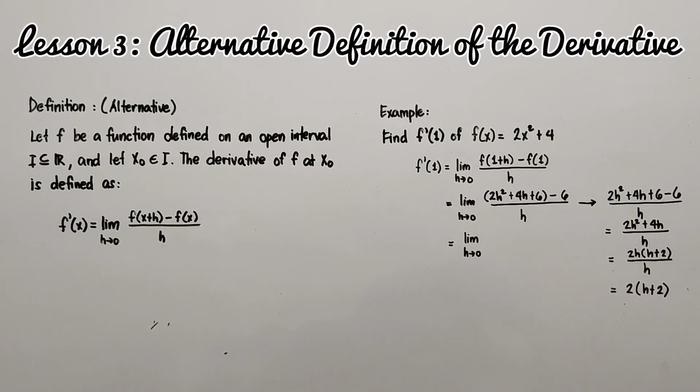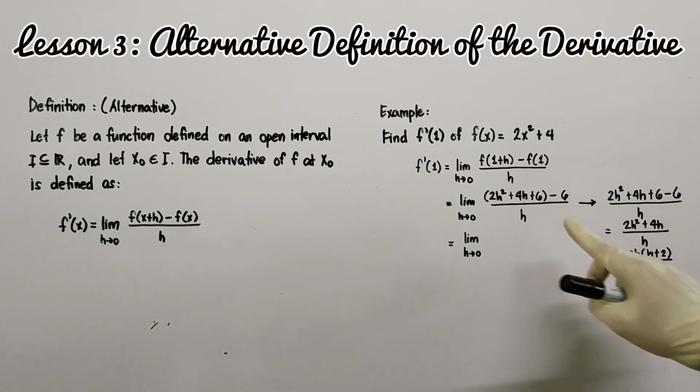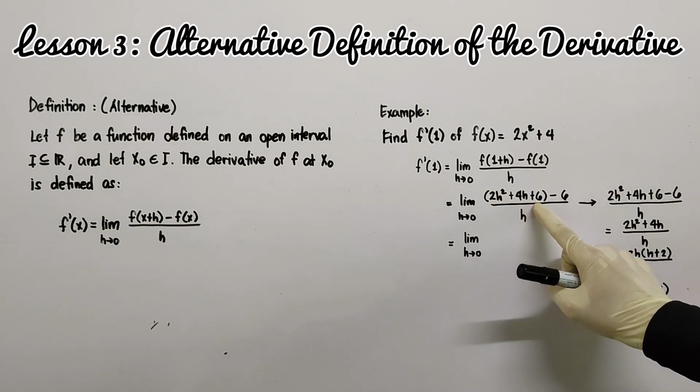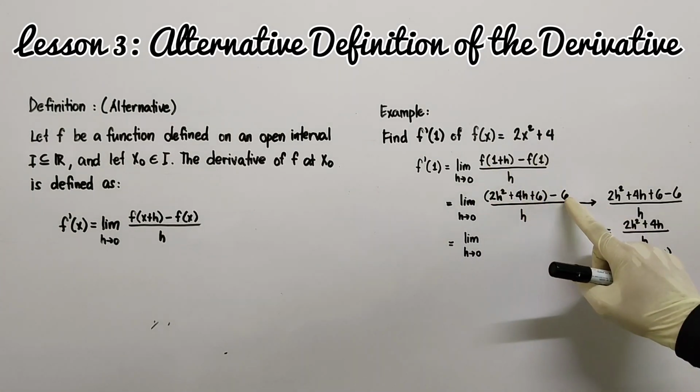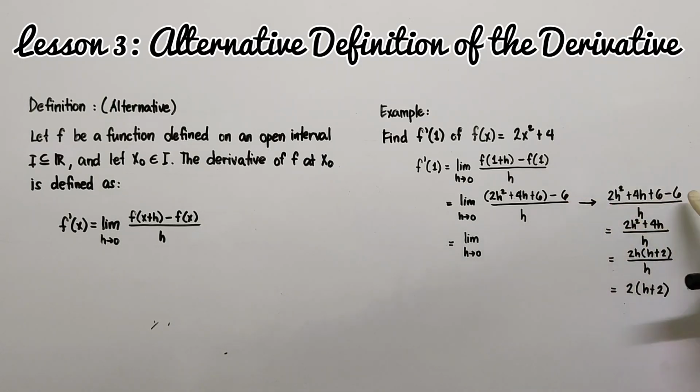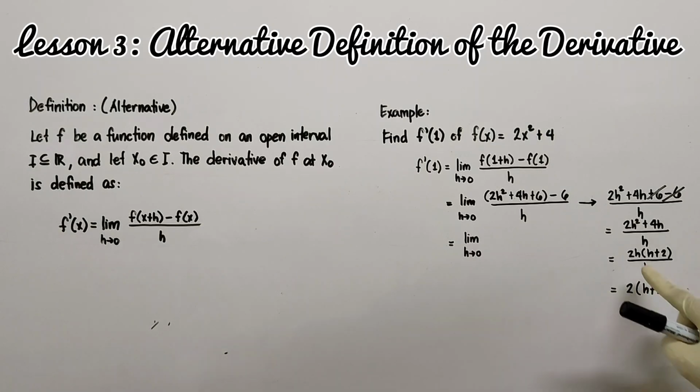Then we substitute those values into our equation. So you have 2h squared plus 4h plus 6, and our f of 1 is positive 6. Simplifying this, we have 2h squared plus 4h plus 6 minus 6. We can cancel the positive 6 and the negative 6. So the remainder now is 2h squared plus 4h over h. The numerator has a common factor of 2h.